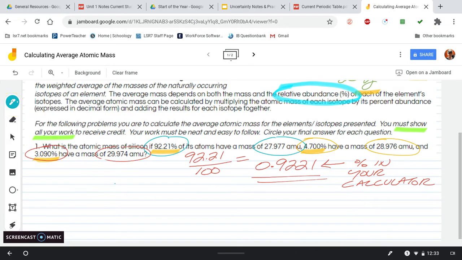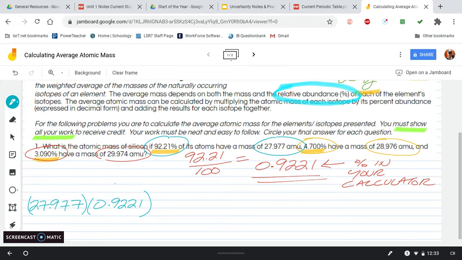Okay, so what I'm going to do is take 27.977, and we're going to multiply that by 0.9221, so that your calculator understands that's a percentage.